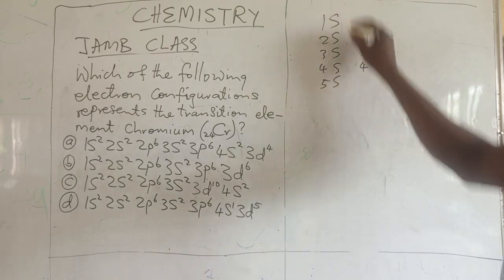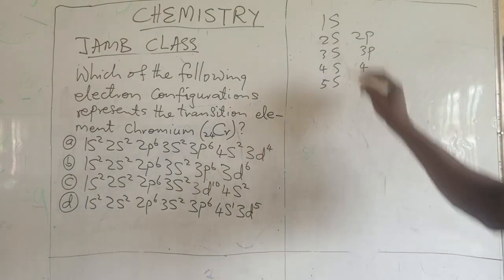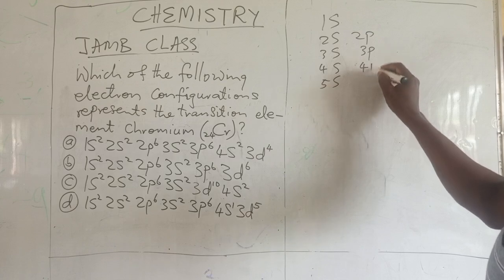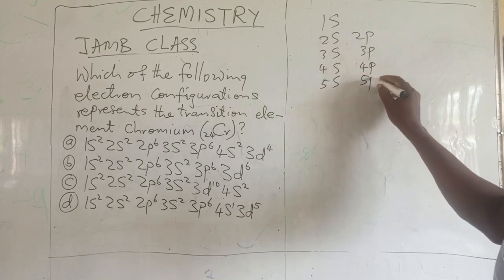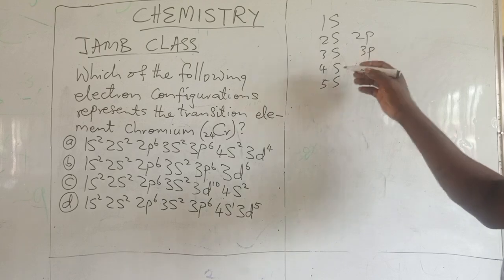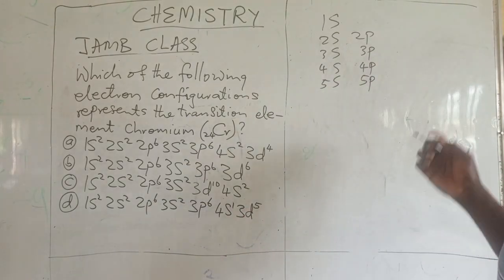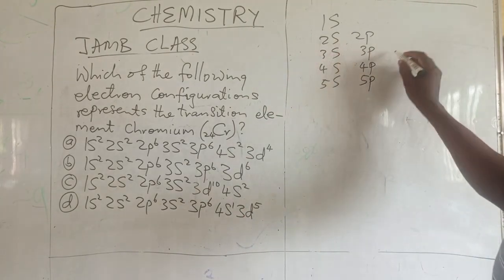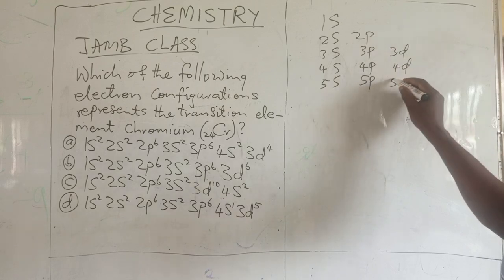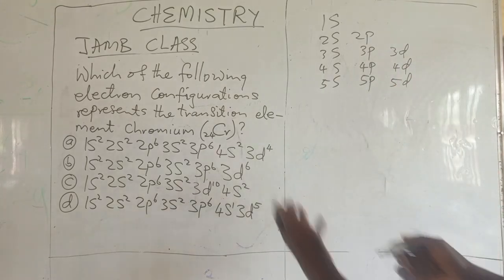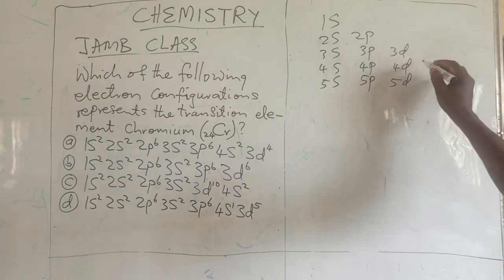Since the first one was s, the second one will be what? p. Then I'm done with p, the third one is d. d should start with 3: 3d, 4d, 5d. Then the next one is f. f will start with 4.